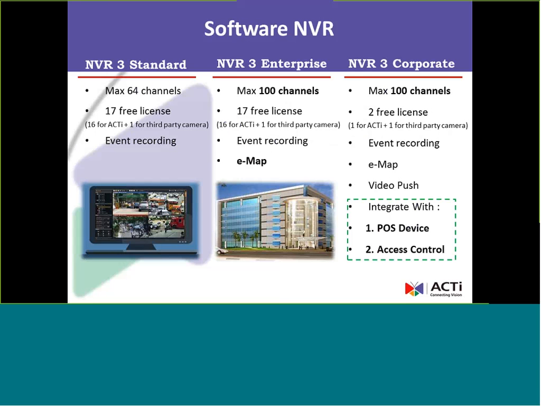The first thing that we need to know is the NVR comes in three different forms: the standard, the enterprise, and the corporate. Each one of them has different abilities and different features. For example, the corporate has the ability to integrate with external devices and with POS devices.